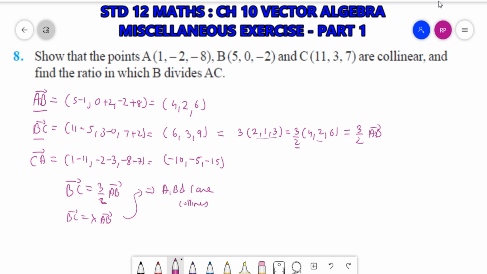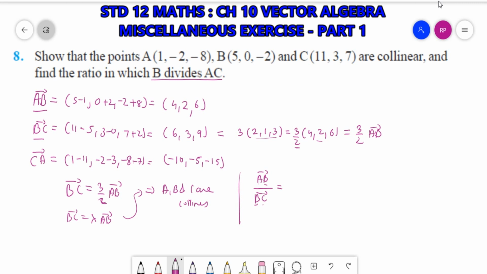Clear? Now the second question is to find the ratio in which B divides AC. If I take the ratio of AB to BC, B is common, so B is dividing AC.